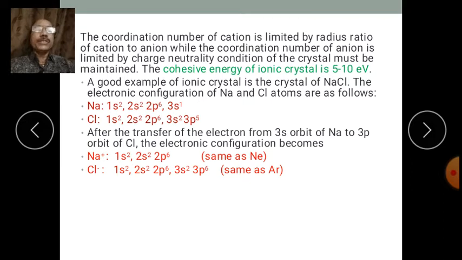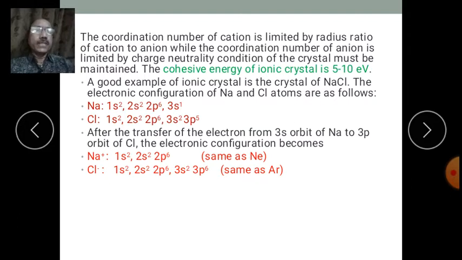The coordination number of cation is limited by the radius ratio of cation to anion, while the coordination number of anion is limited by the charge neutrality condition of the crystal, so that the charge neutrality of the crystal must be maintained.